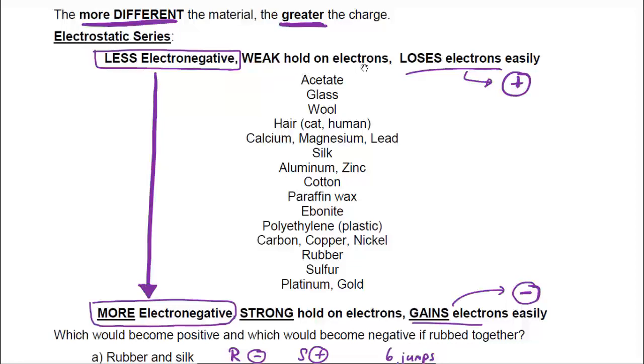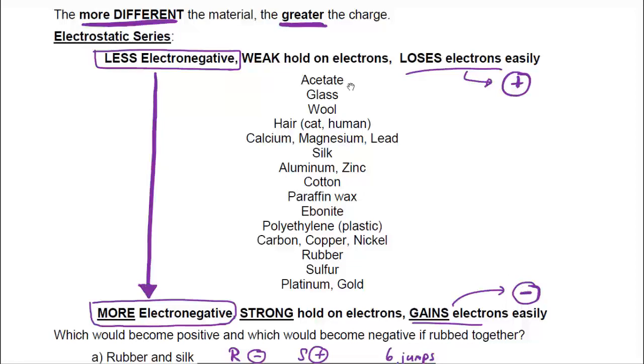If they have a weak hold on electrons, we would say that they are less electronegative, and they're going to lose their electrons easily, which means they become positively charged. If they are more electronegative with their strong hold on electrons, then they're going to gain electrons very easily and they'll become negatively charged. But this is a relationship.